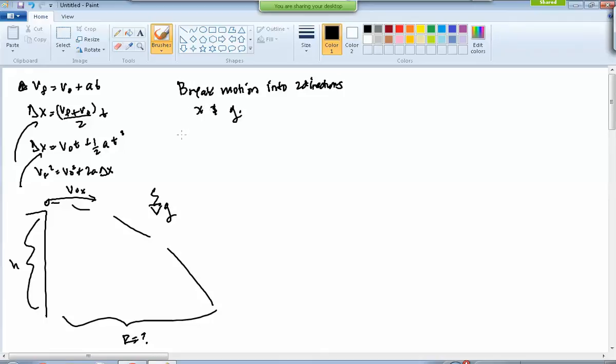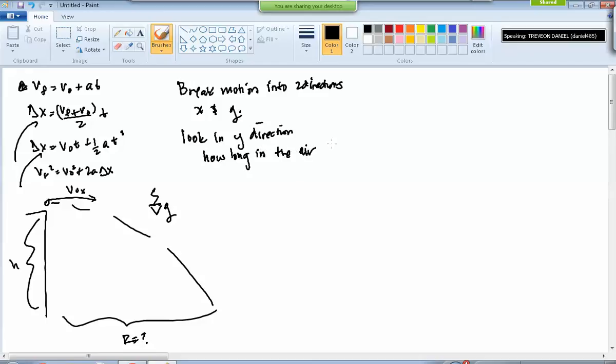The first thing we're going to do is look in the y direction and figure out how long it takes, how long in the air. We cool with that? I want to break it up into two directions, x and y, and that's actually pretty easy because initially it's only going in the x direction. And in the y direction, I want to figure out how long it's in the air.